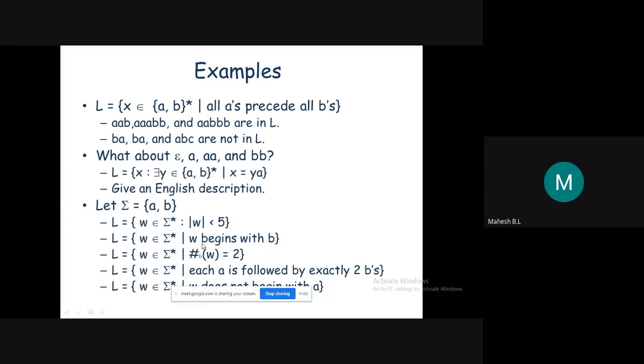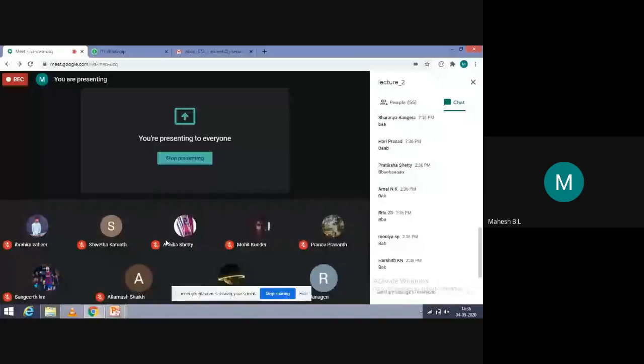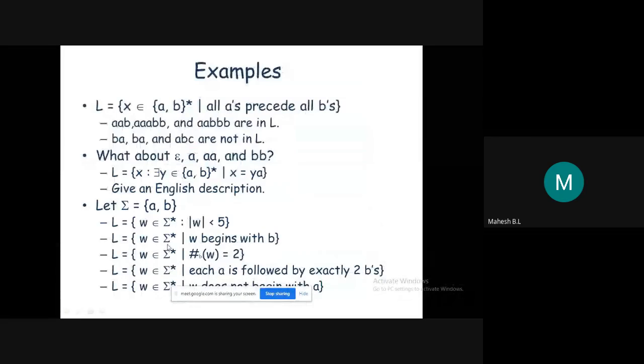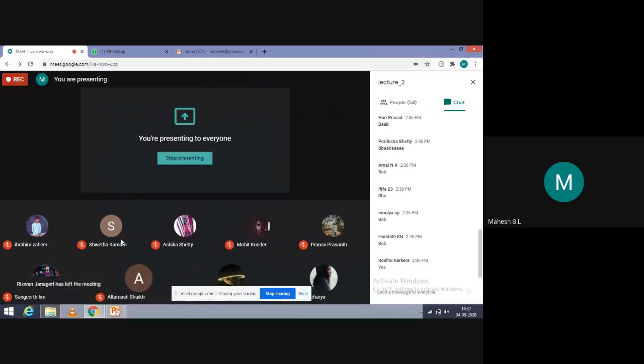Now I'll ask one question with respect to the second language. Whether epsilon belongs to this language. Yes, give a clear answer in the chat box. Here I'm considering this language, W begins with B. Whether epsilon belongs to this language. Yes, Roshni is saying yes. What about others?